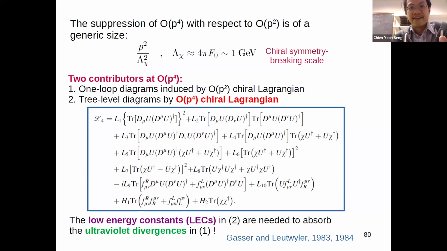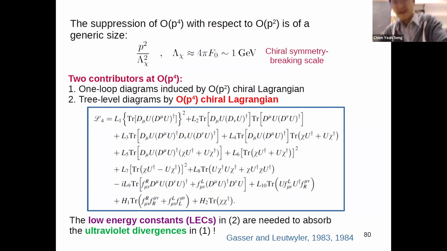It turns out that a natural energy scale in loop corrections will be something like 4 pi times F0, which is about 1 GeV or 1.2 GeV. Therefore, the suppression of O(P^4) with respect to O(P^2) will be proportional to something like P squared over Lambda chi squared. Lambda chi is what we call the chiral symmetry breaking scale. Therefore, this P over Lambda chi will be the small parameter we use as an expansion parameter in the chiral perturbation theory calculation.